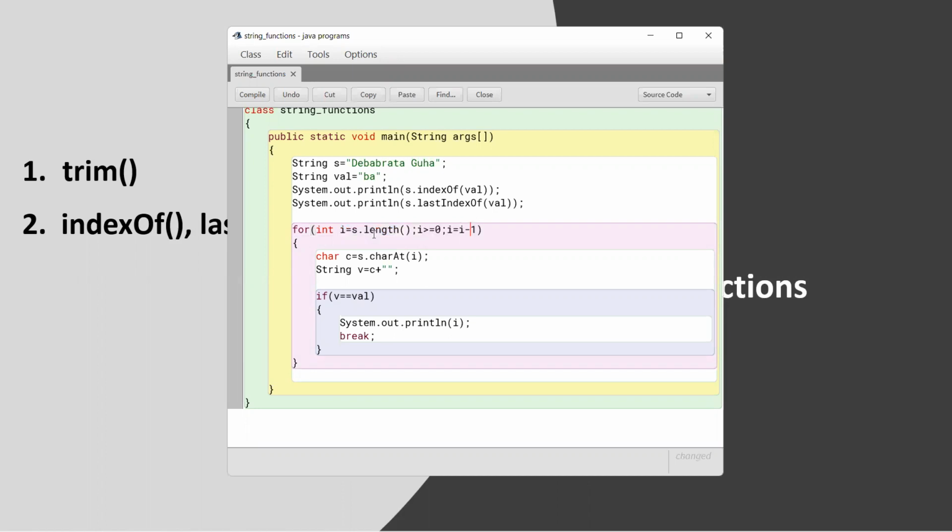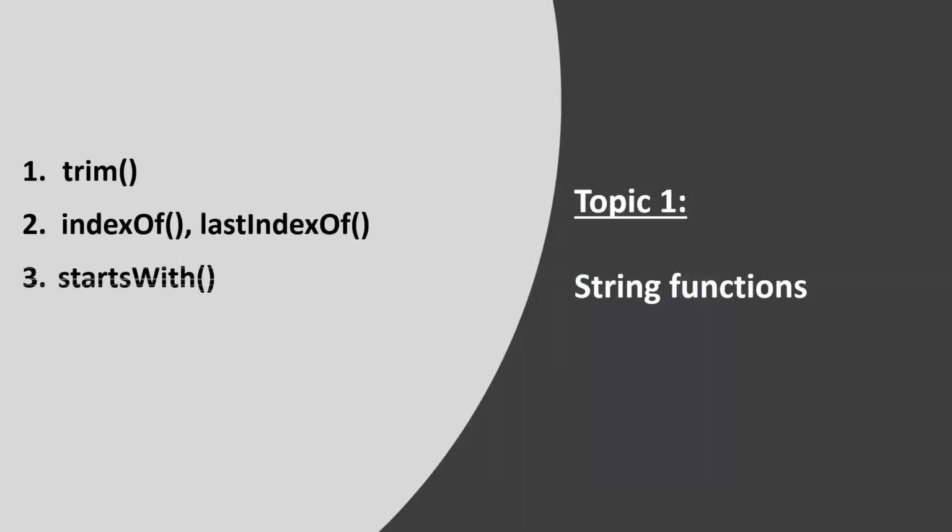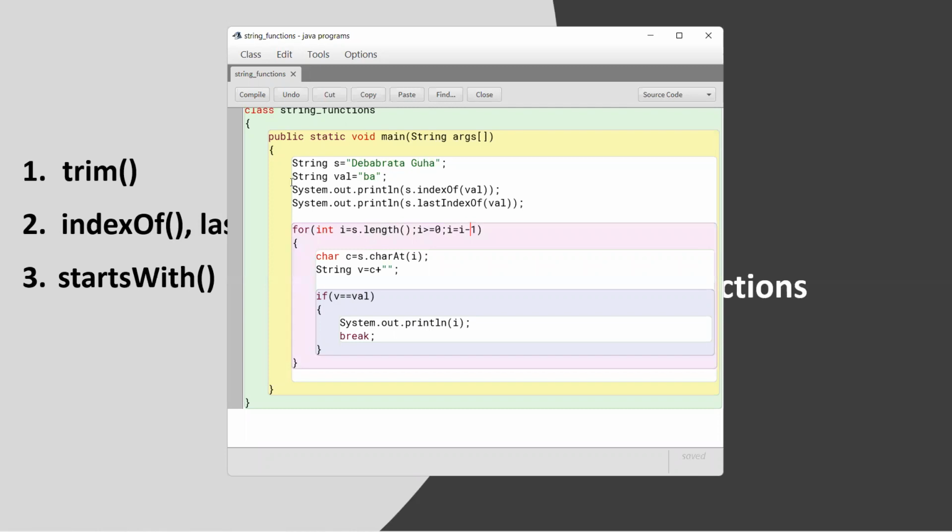what I'm trying to do. Now if I proceed, the next function is startsWith. What is that? startsWith returns a Boolean value. Let me show you first.